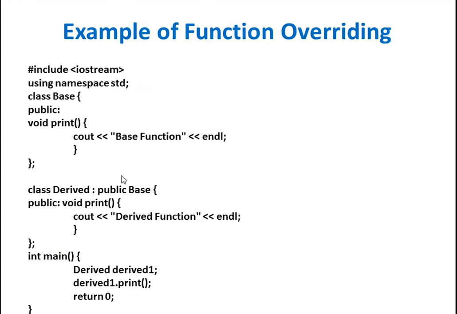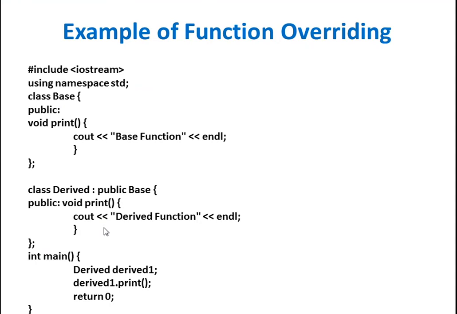When we inherit from the base class, whatever functions and data members there are get inherited into the derived class, which means this print function is also inherited into the derived class.